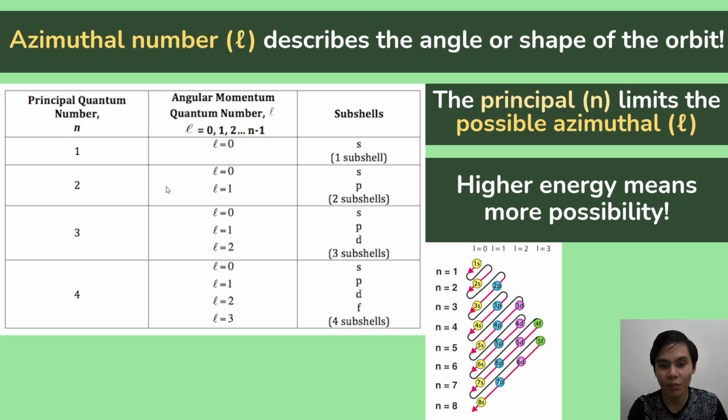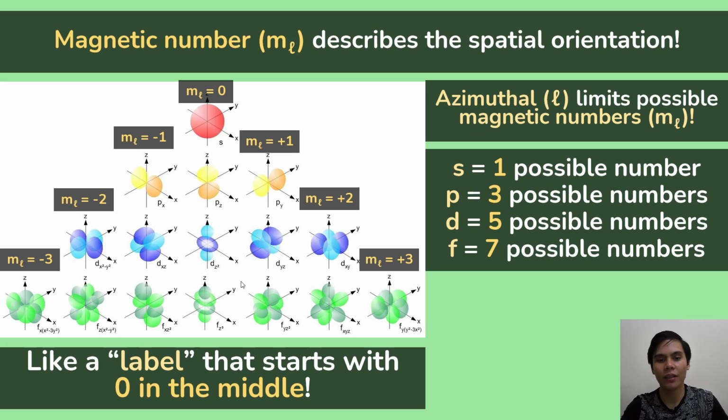For principal quantum number 2, we have two possible shapes, so you have the introduction of your p shape. For 3, we have the d shape. For 4, we have the f shape. Theoretically, there might be g, h, i, j shapes, but in nature, we've only been able to prove up to the f shape, or the f azimuthal.